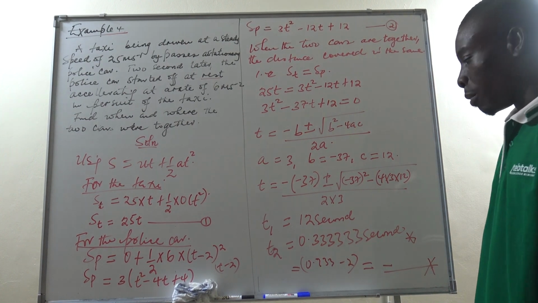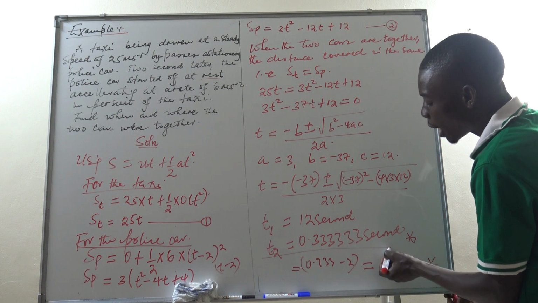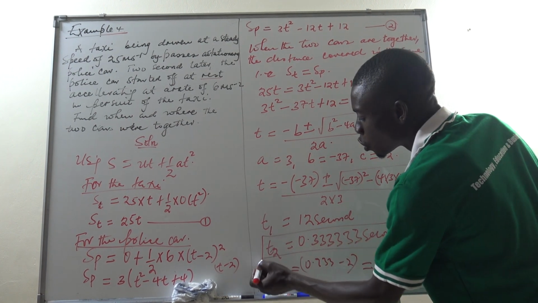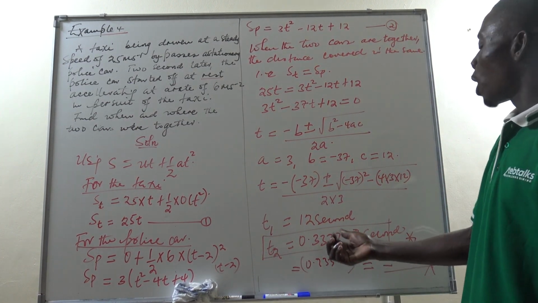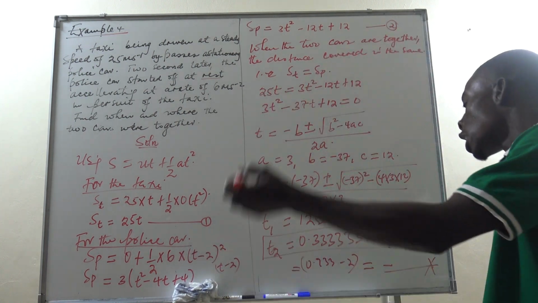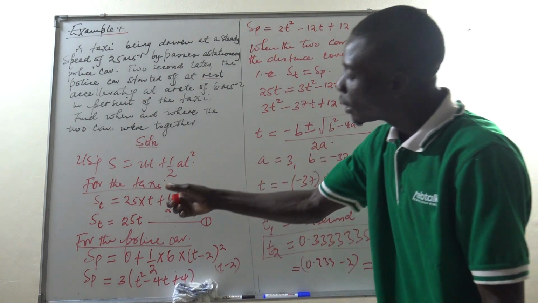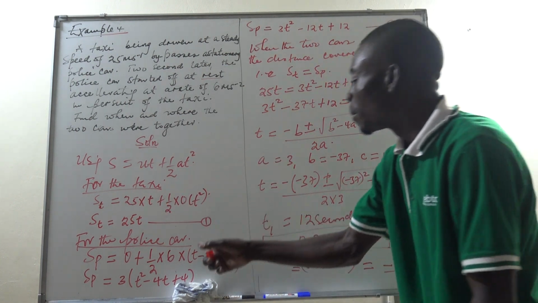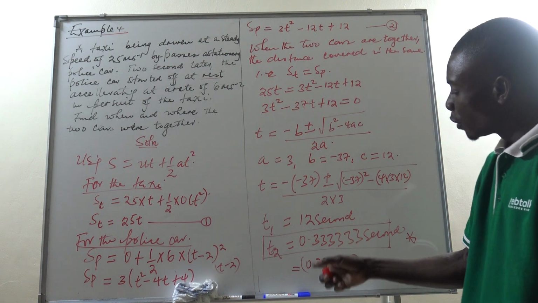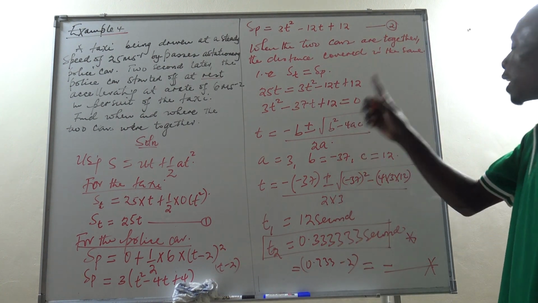So this t here cannot be used. Why? Because if we use it, it makes the time for the police car a negative value. Because we said if this one is taking t, this one should take t minus 2. Therefore, the answer should be 12.